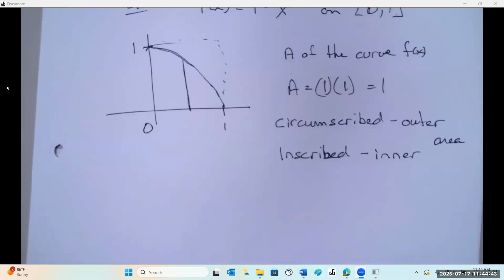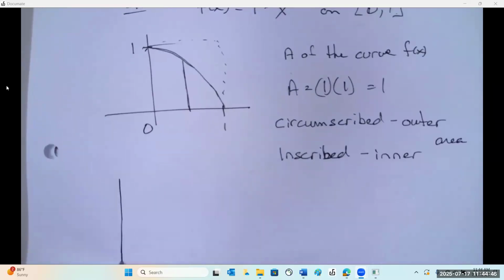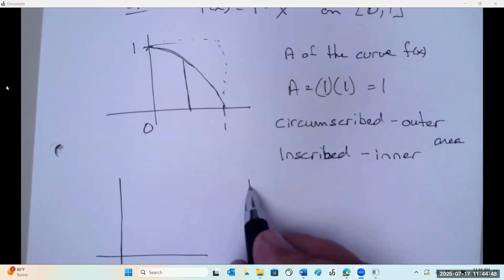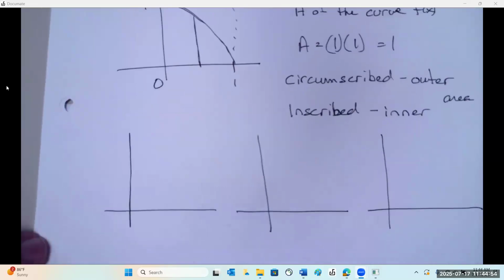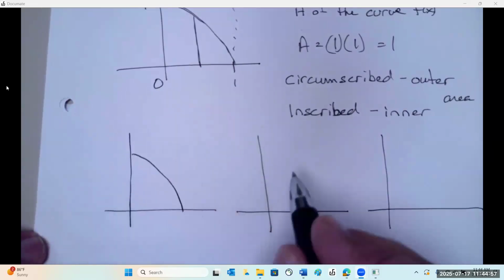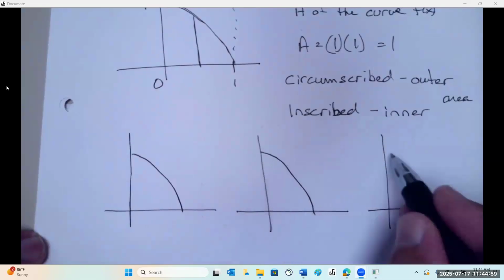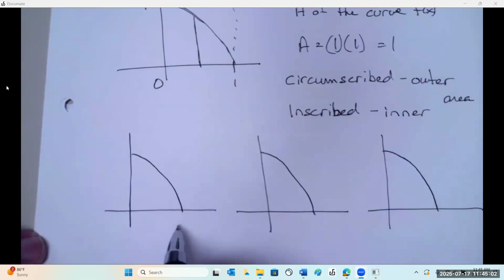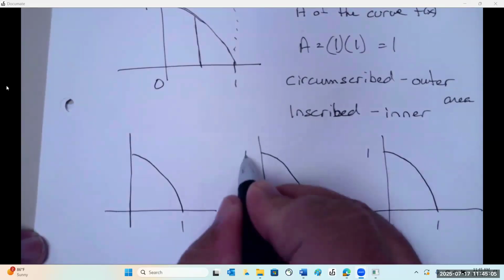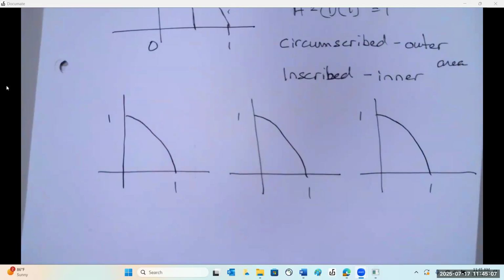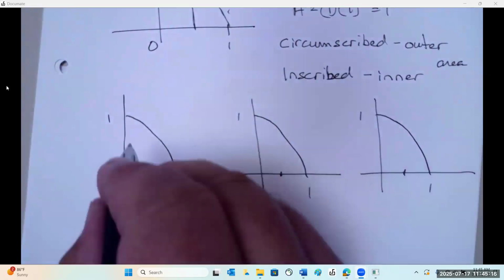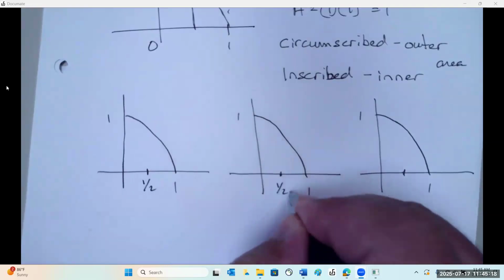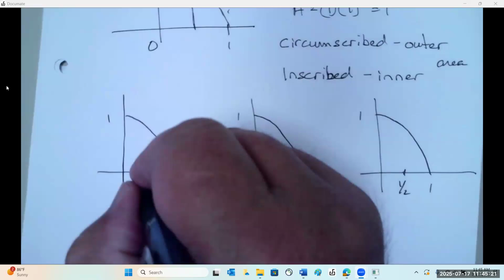What I'm getting to is this. If we cut this in half, our x-axis, our width, the base.